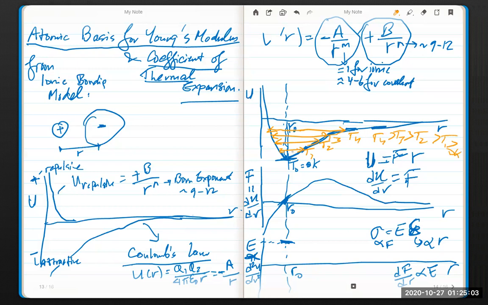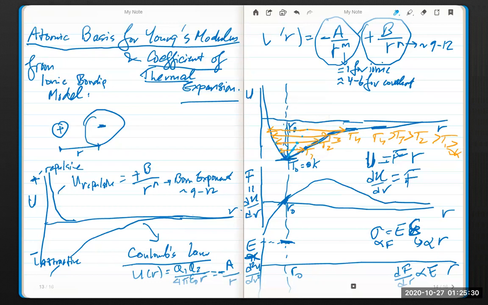And the average of these two locations, for example the oscillation at T1 from left to right, is somewhere here. The average at T2 is somewhere here. The average at T3 is somewhere here, and at T4 somewhere here.